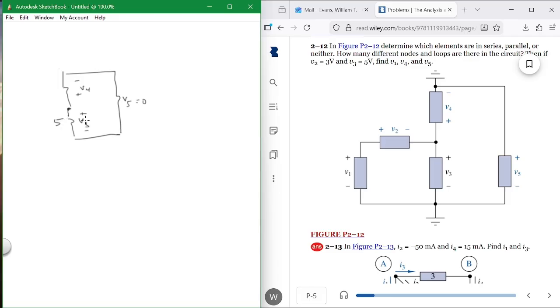So I've got 5 volts here. So I march around this thing and say, okay, I go around this way and I say minus V3 plus V4 plus 0 equals 0. And V3 is minus 5. So what is V4?